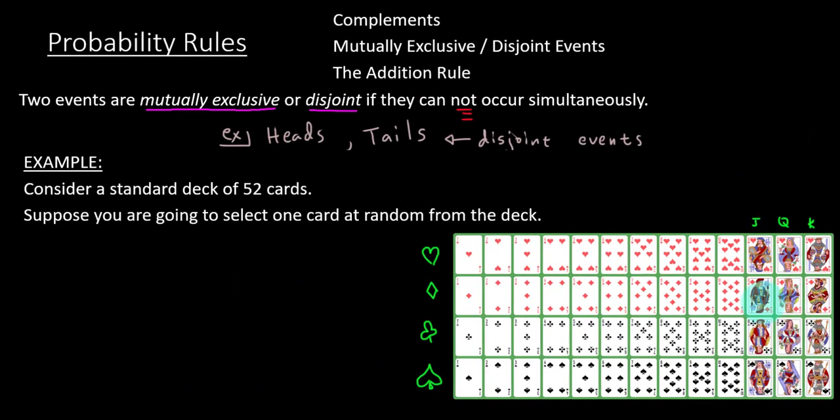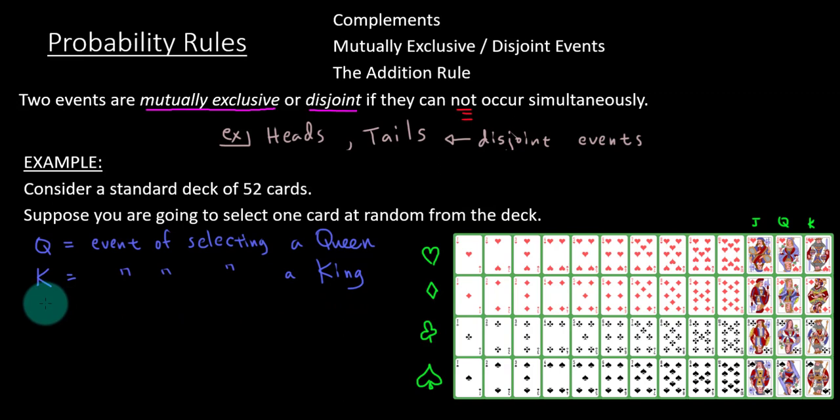Okay, so let's suppose you're going to select 1 card at random. And what I'm also going to do here is define a few events in shorthand because we're going to refer to them a few times. Let Q represent the event that a queen is selected. K is going to represent the event of selecting a king.